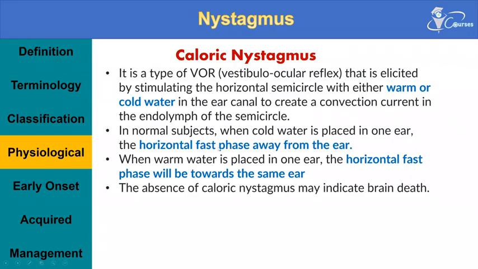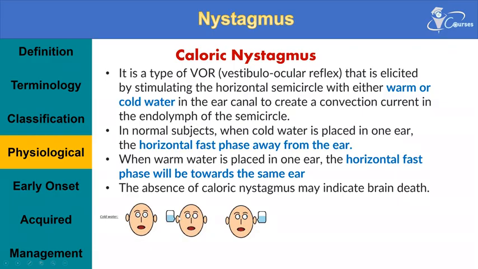In normal individuals, when we are pouring cold water in one ear, there will be a horizontal fast phase away from the ear. So this is the patient. We are putting cold water in the right ear. There will be a rapid phase away from the ear and then a slow phase toward the ear. Sorry, this is the cold water, this is the warm water.